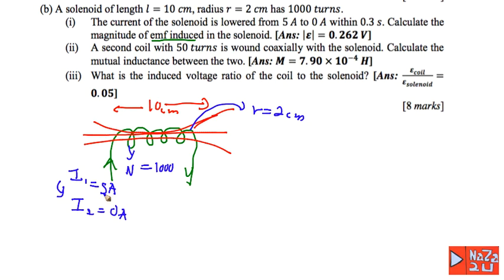So with the change of current flow in the solenoid, we have an induced EMF. The induced EMF in the solenoid is given by L, or negative L, times di over dt, the rate of change of the current flow. Now the question asks you to calculate the induced EMF.